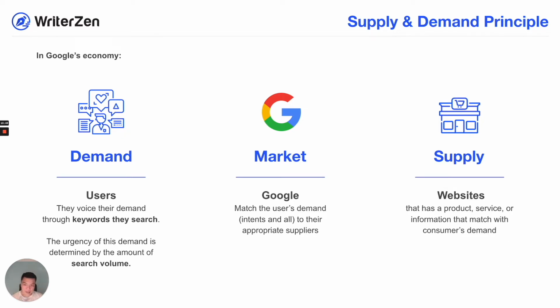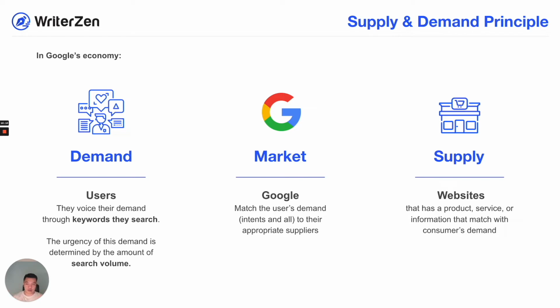So users will actually voice their demand through the keywords that they search. If the user searches for the word indoor plants, that's their demand. They want to know everything about indoor plants, either the knowledge about indoor plants, how to grow indoor plants, or they want to sell indoor plants, they want to buy indoor plants.